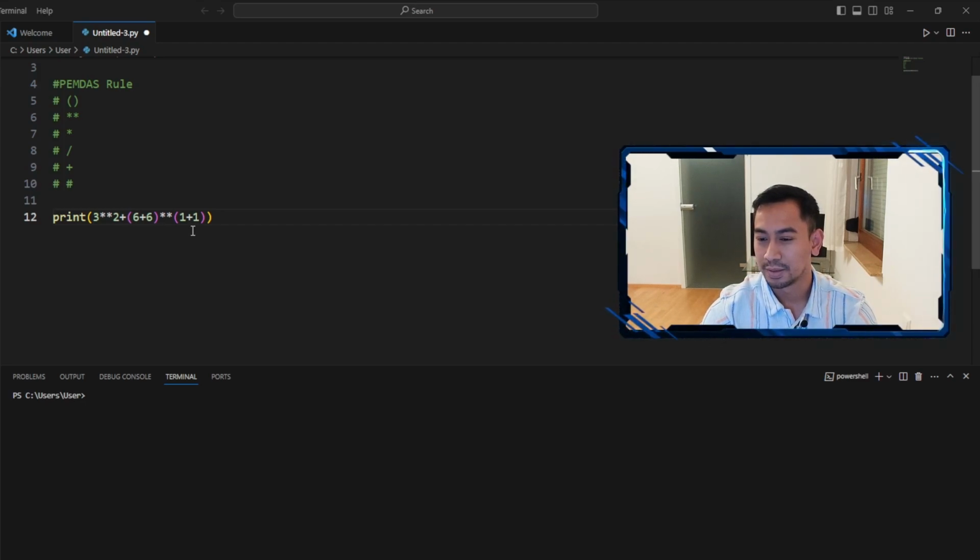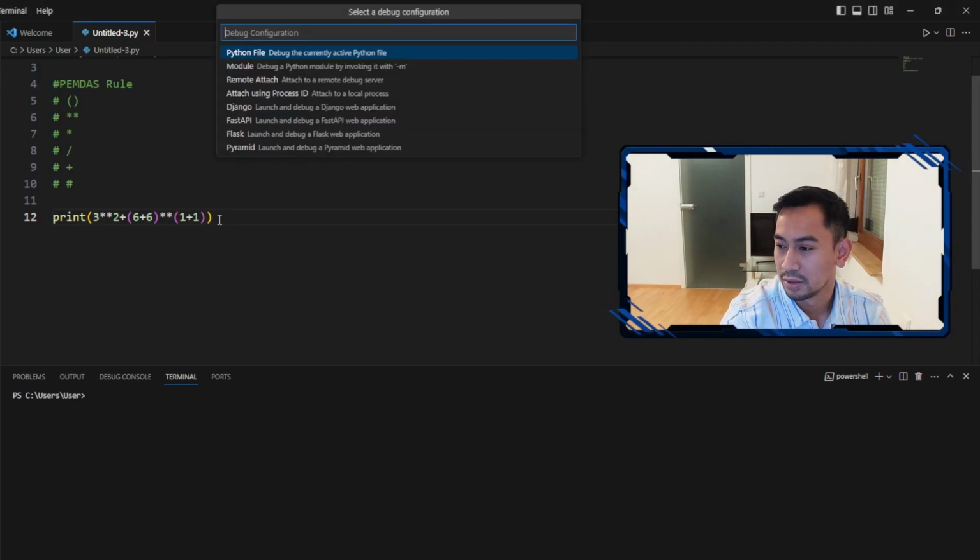Then once we do that, Python will calculate the exponentiation. So 3 exponent 2 will be 9, and then 12 exponent 2 will be 144. So in the end, 9 plus 144 will equal 153.